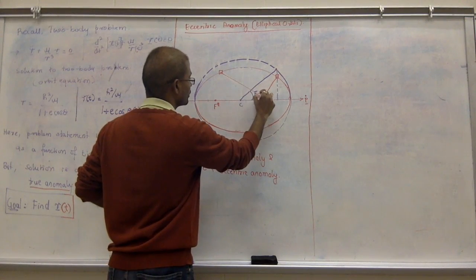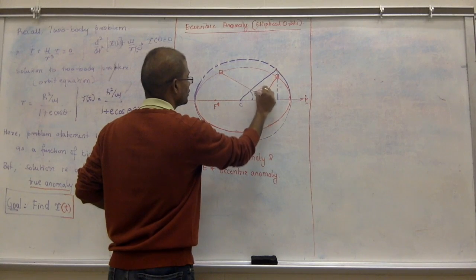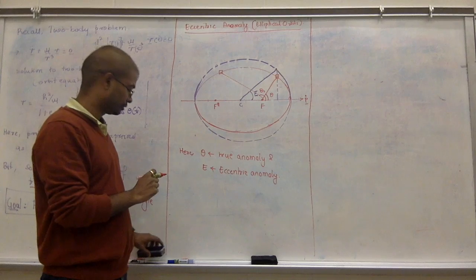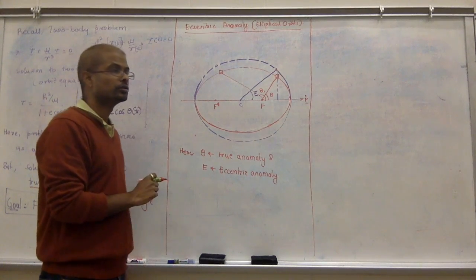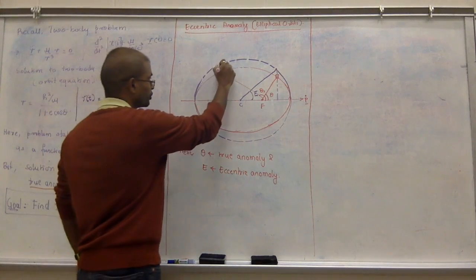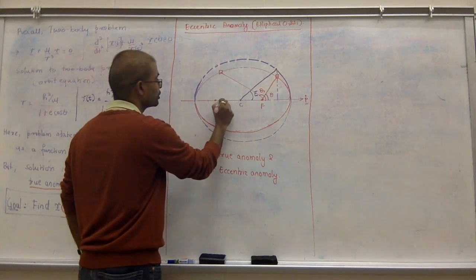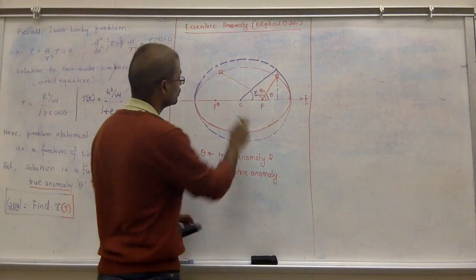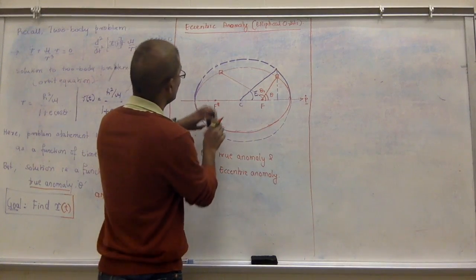So this is, let's say, theta 1. What is the eccentric anomaly of this? So you do the projection first. Projection is you go from this line, draw a perpendicular to the apse line.